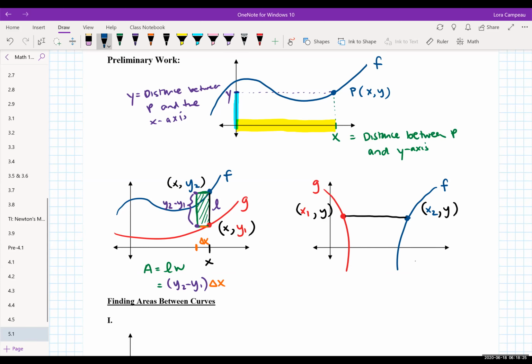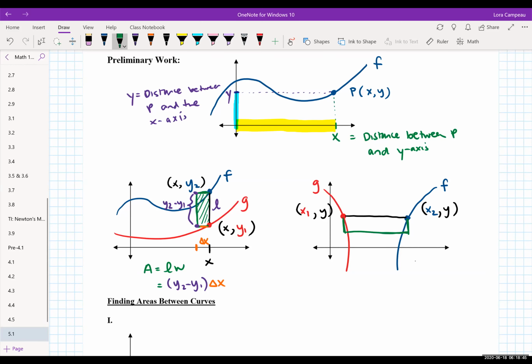So now let's talk about drawing this rectangle based off of this length right here. So I'll draw this rectangle. This time it's orientated horizontally.